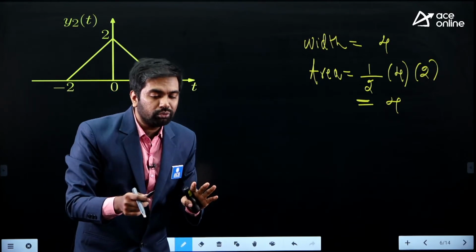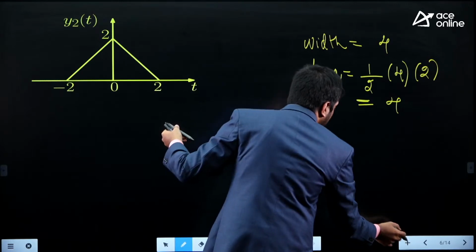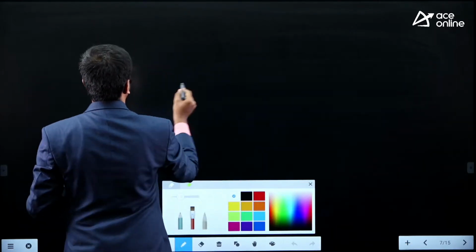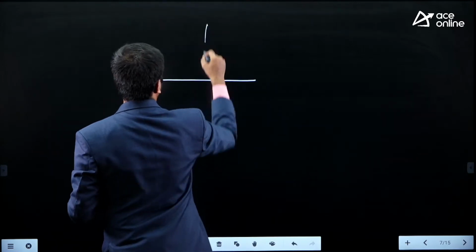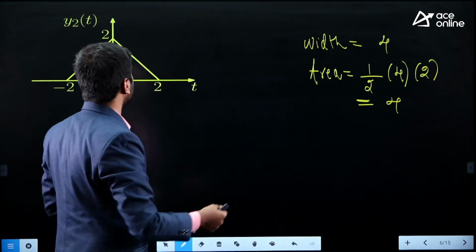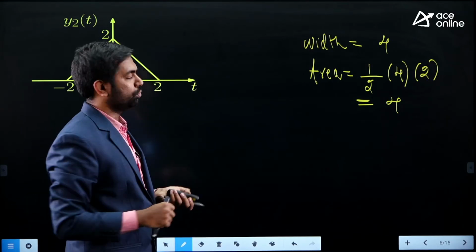Let's look at the Fourier transform in general. I don't want to take from -2 to 2; I just want to derive a generalized result. So how do you derive a generalized result? I'll show you.